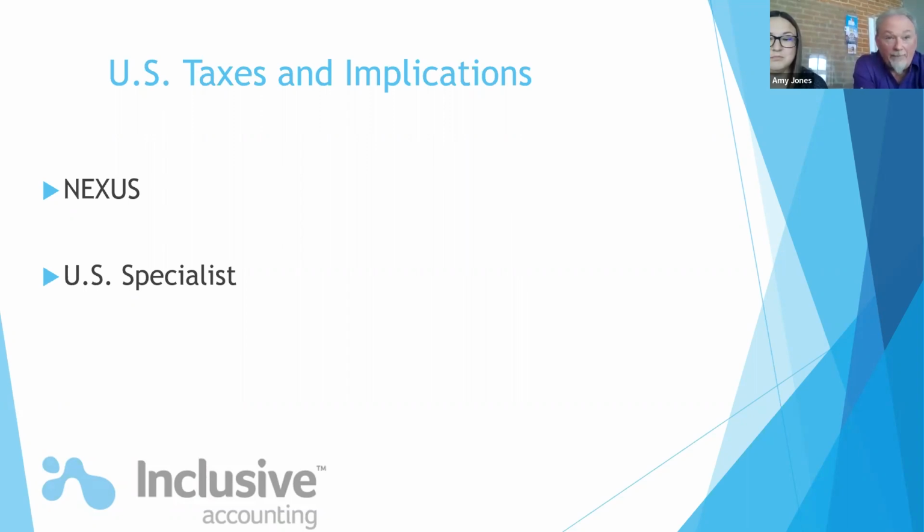So if you're a Canadian company and you have a sales guy that jumps in his car and crosses the border and drives into a few states and knocks on a few doors, does that mean you have a presence in the US? Does that mean you have to now file US tax returns? Because if you have a presence in the States, you now have to file US federal returns and US state returns, and in some cases, US municipal returns.